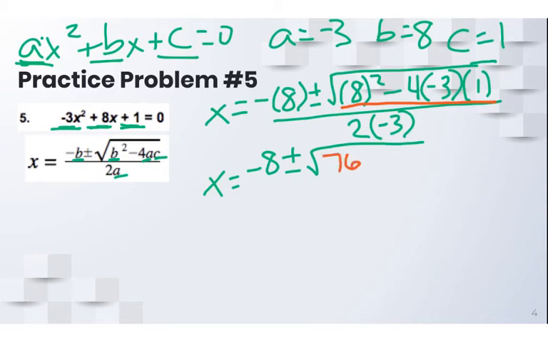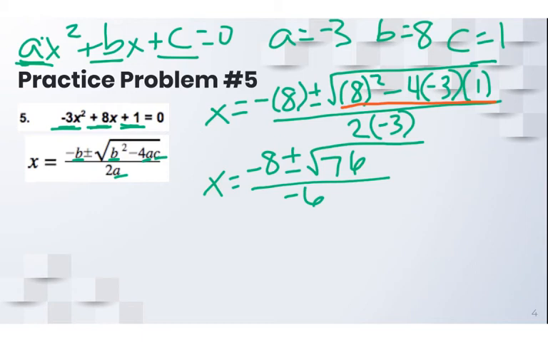All right, let me actually make that in green. Okay, divided by, and 2 times negative 3 is negative 6. All right, now 76 is not a perfect square, right?